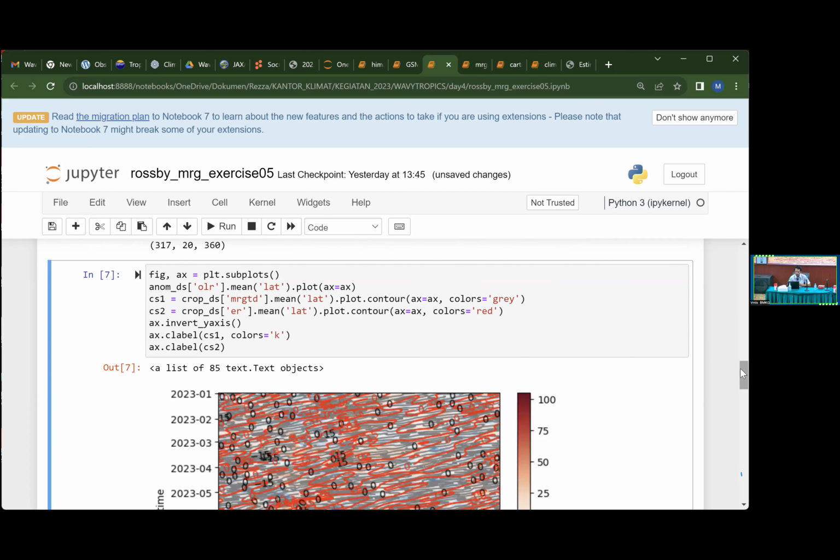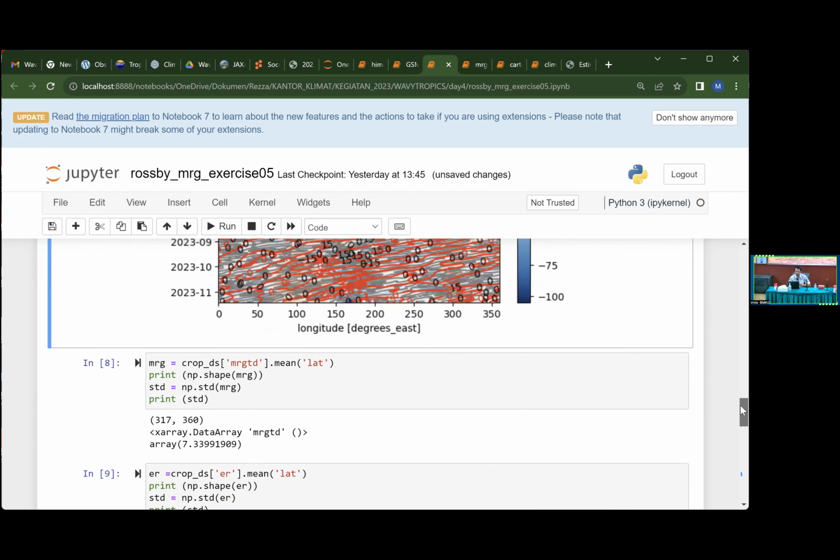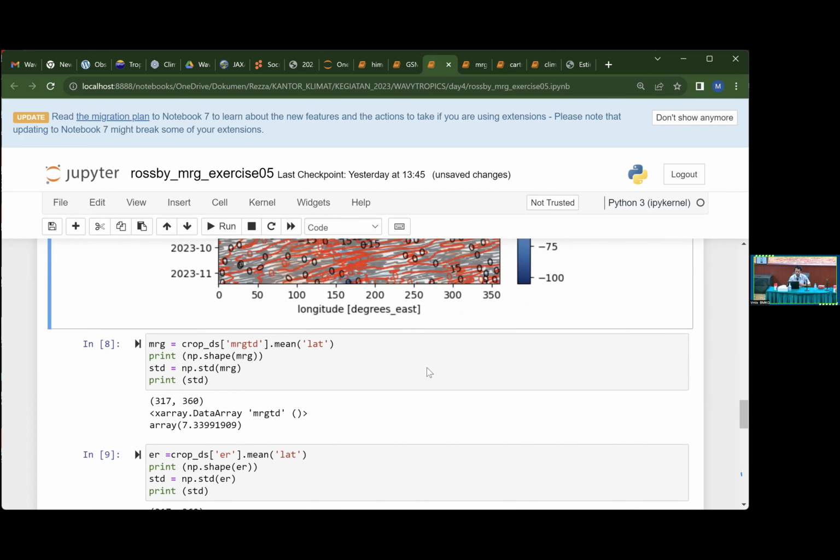And finally, maybe we can try to calculate the standard deviation to see the difference between the activity of the MRG during the wet phase of Rossby and the dry phase of Rossby.